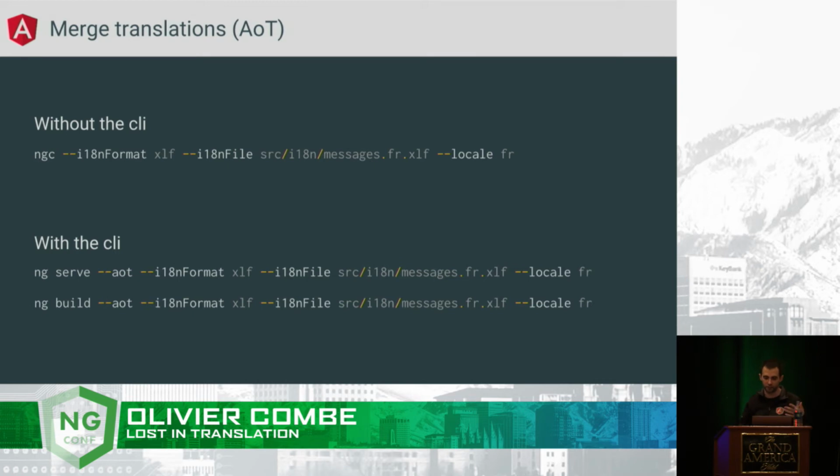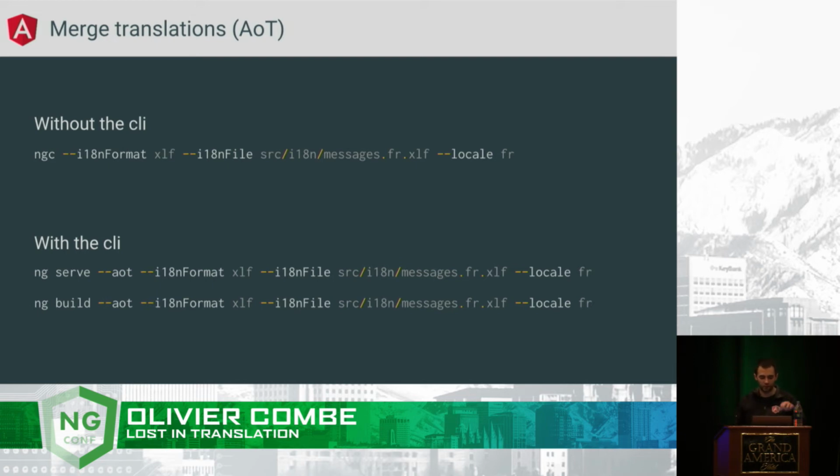So you have to decide how you will detect the language, and if the user can change the language, then you have to, for example, add a path to your application at the beginning, which will be /fr or /en or something like that, and that will serve different built files for AOT. Which was not the case with just-in-time, where you loaded the translation at bootstrap. So you didn't need to do that.